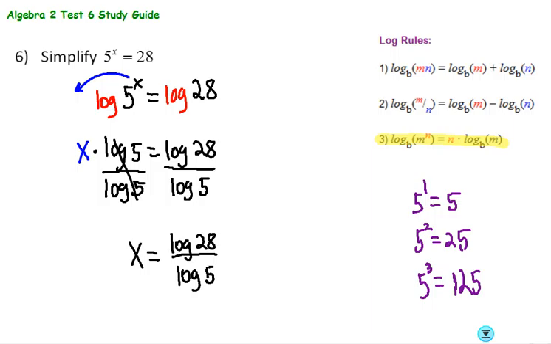Now, as we've mentioned in class, for purposes of the CST, you're actually not allowed to use a calculator. So for purposes of the CST, your answer would stop right here. And on this particular question on the test, what I'm looking for is for you to show how to take something that needs to go into the calculator and rewrite it so that it's ready to go into the calculator.